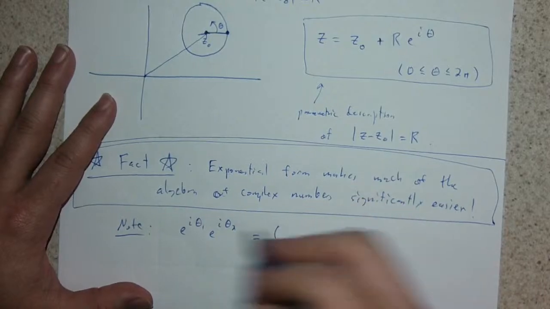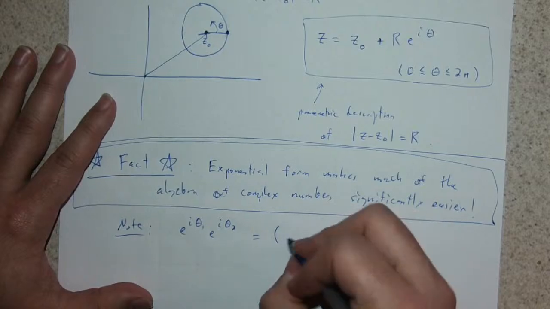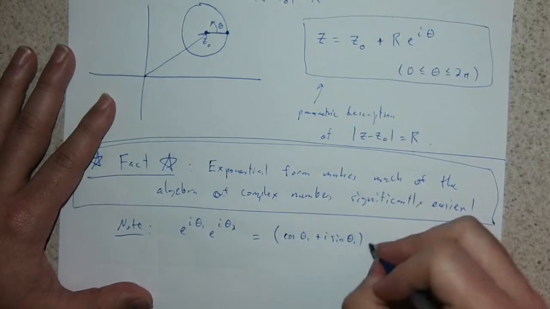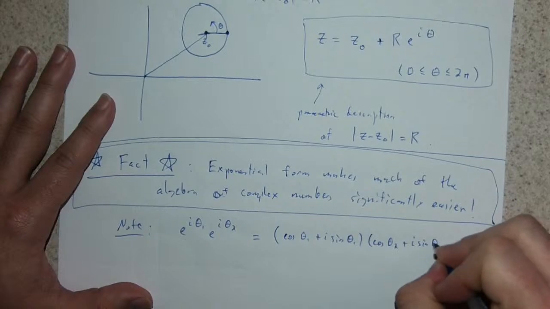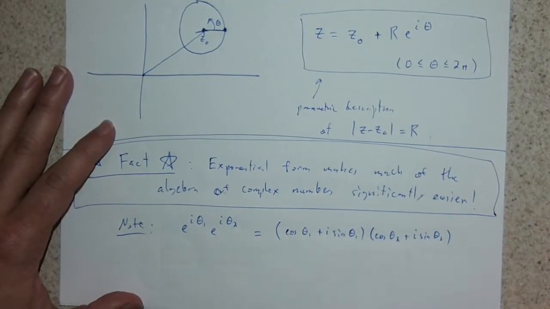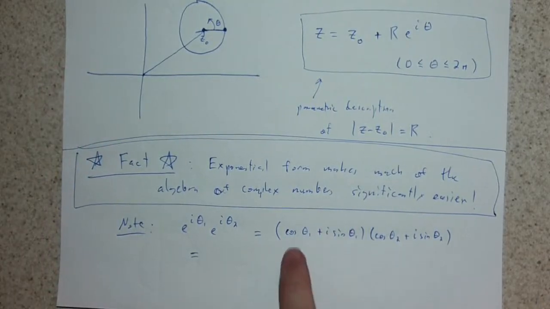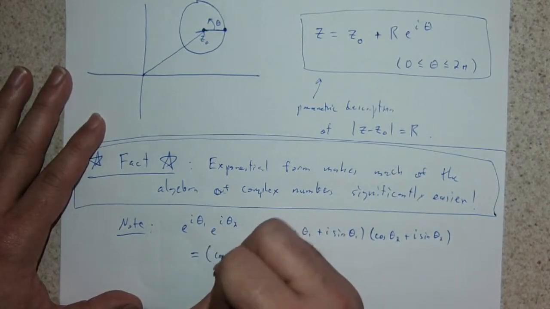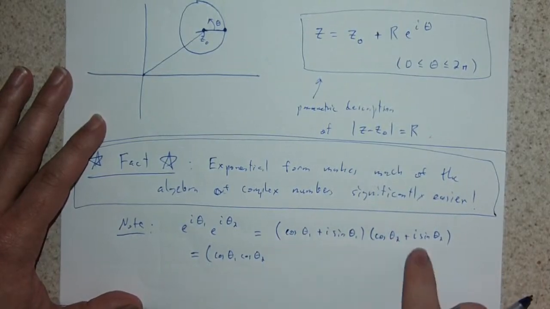Well, if I'm just using that definition, and I'm not actually treating this as an exponential function, then this is cosine theta sub 1 plus I sine theta sub 1 times cosine theta sub 2 plus I sine theta sub 2. Multiplying this out, what do I get? Well, the real part is going to be cosine theta 1 times cosine theta 2, plus I sine theta 1 times I sine theta 2.